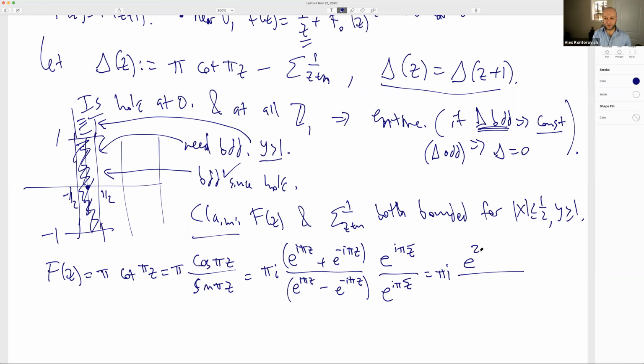So I get 2 i pi x plus, here I have z minus z bar, or rather e to the minus i pi times z minus z bar. And z minus z bar is 2iy.